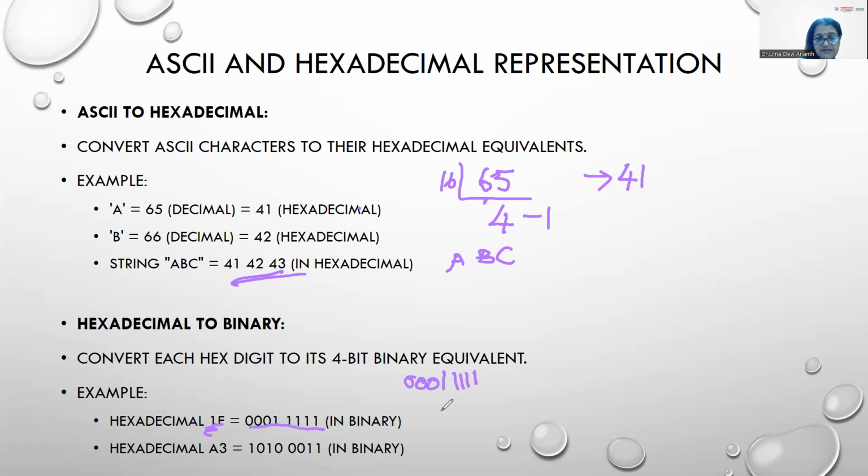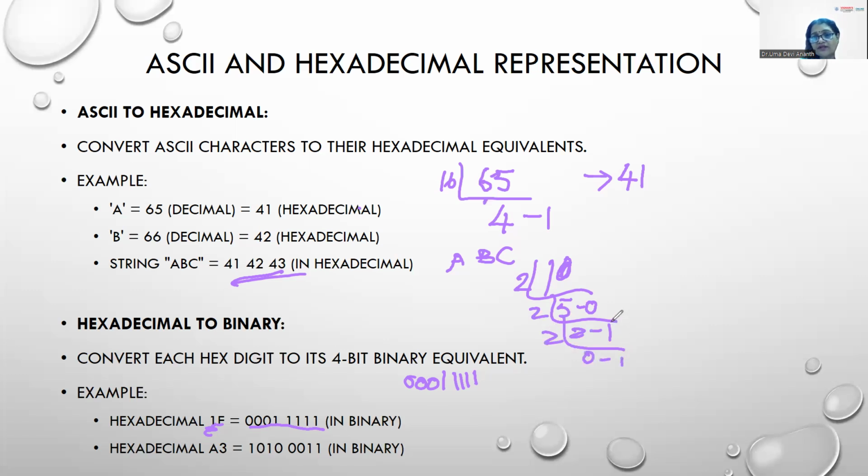Similarly, A3 in hexadecimal. A means what? After 9 comes A in hexadecimal. That means 10 is A in hexadecimal. How do we represent 10 in binary? If you do the division, you get 5, 0, 2 twos are 4, 1, 2, 0, 1.